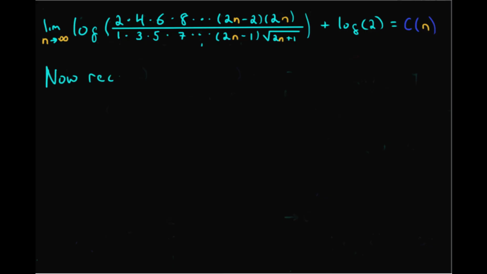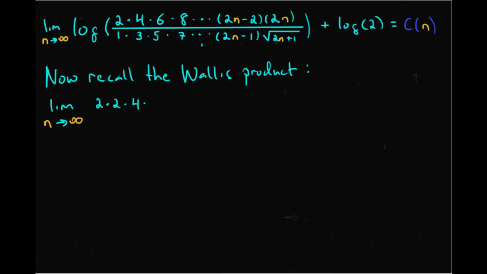And in order to do that, we need to recall the Wallis product. The Wallis product is this amazing infinite product, and I actually derive it for you guys in my video on the infinite product formula for the sine function, which you can find on this channel if you're not familiar with this already.